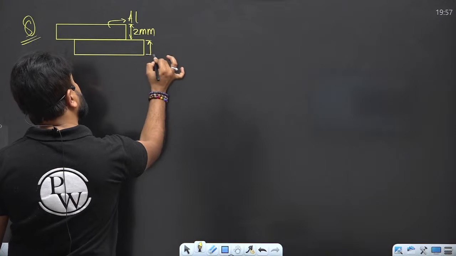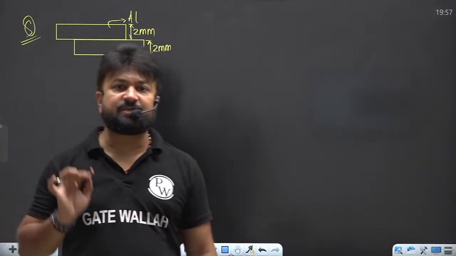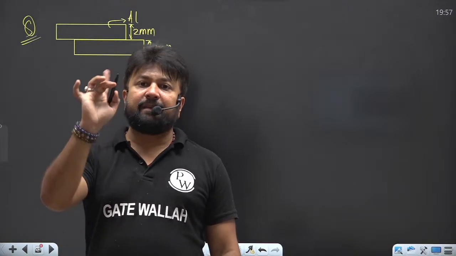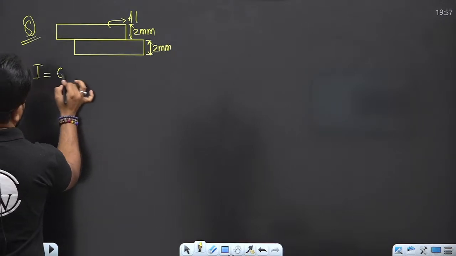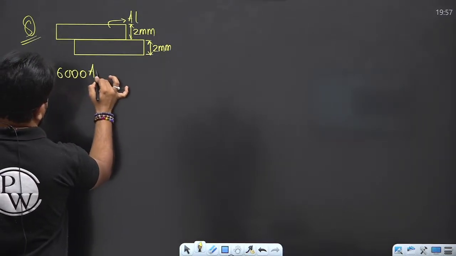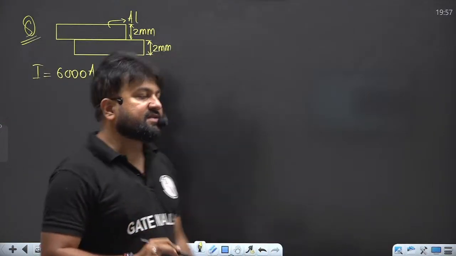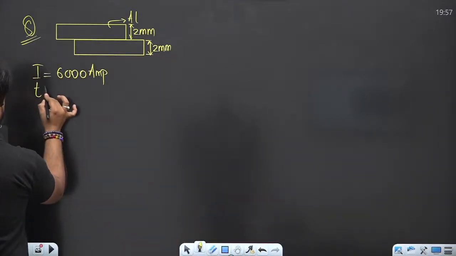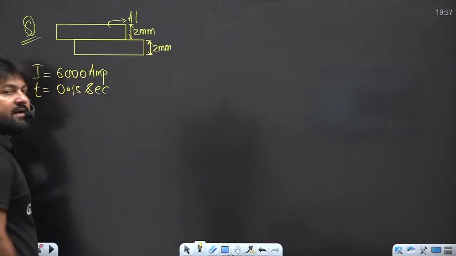We are doing resistance spot welding by applying an electric current of 6000 ampere for 0.15 second. So the welding time is 0.15 second.